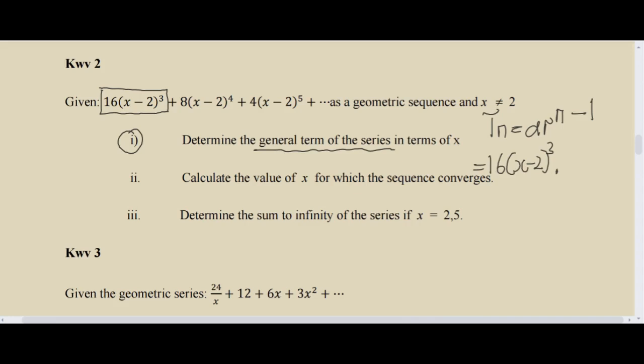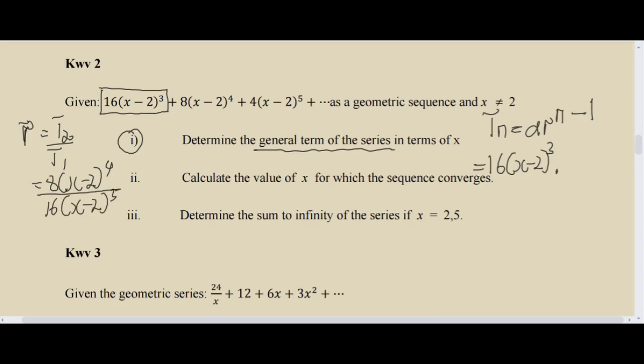Then what is our r? In order to find our r, we know that r is equal to T2 divided by T1. Our T2 is 8 times (x minus 2) to the exponent of 4, and this is 16 times (x minus 2) to the exponent of 3.